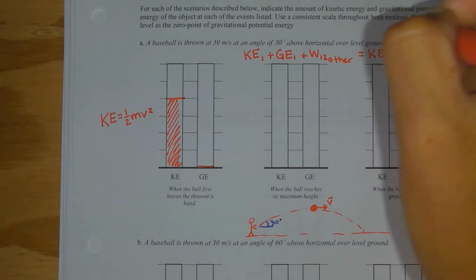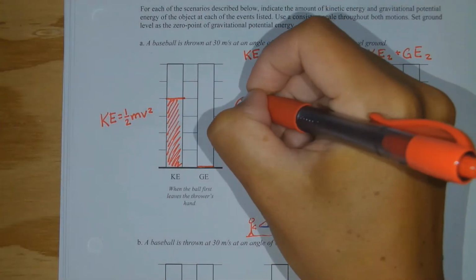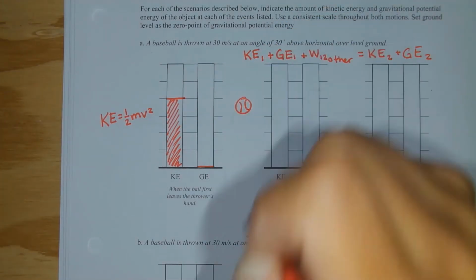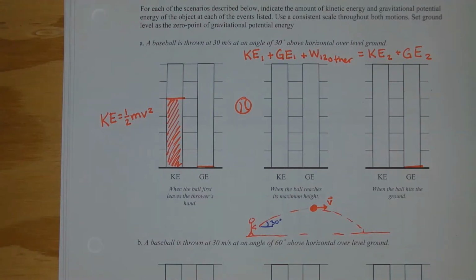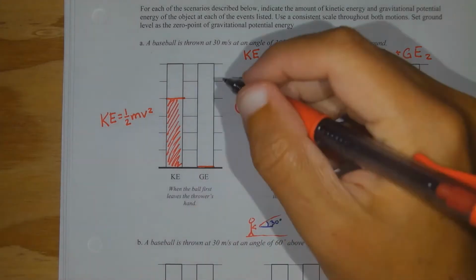Once the ball leaves the thrower's hand, what forces do you have acting on the ball? Nothing is touching the ball other than air, which we are going to ignore.